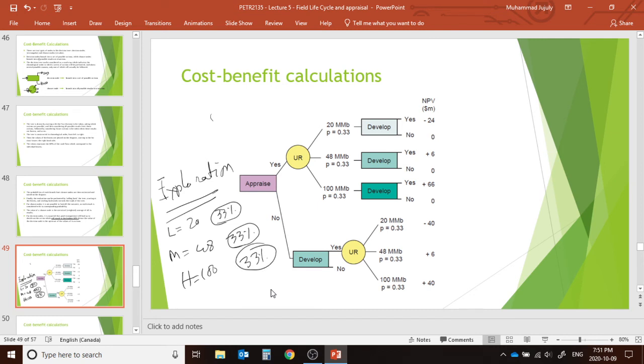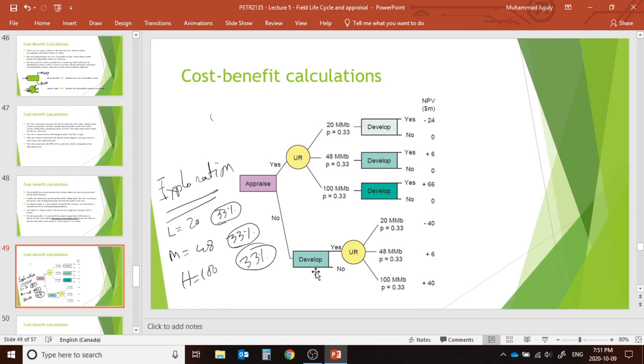All right, so let's do the calculation. Now the first step, appraise. Should we do or shouldn't we do?